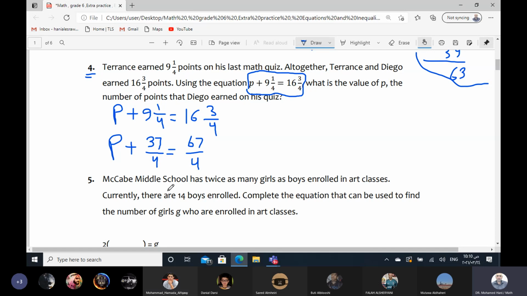Thank you, Muhammad. Then we want to remove 37 over 4 from this side, so we can subtract 37 over 4 from the two sides.